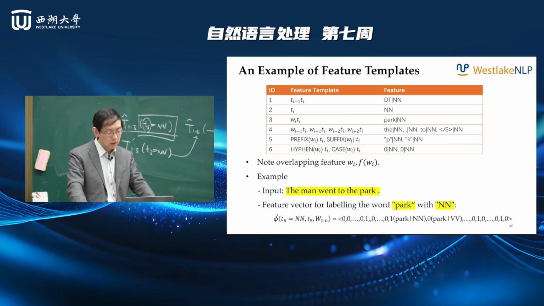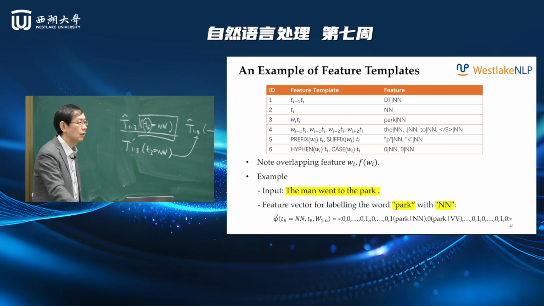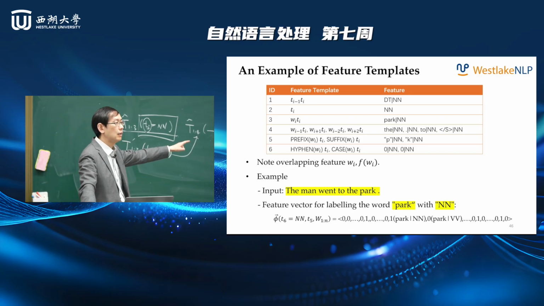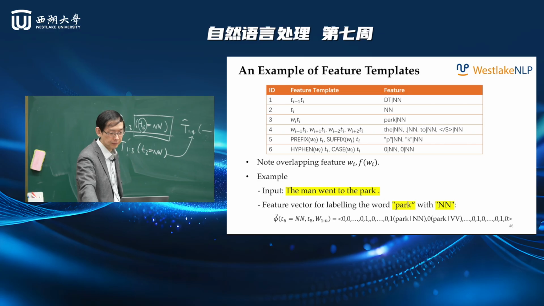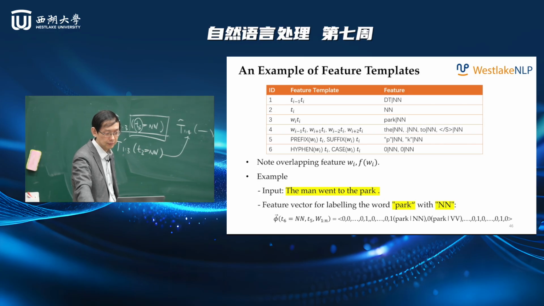But what is row 1? Row 1 corresponds to the transition probability. Row 1 is just the tag transition. And here, what kind of Markov assumption am I making? I'm making a first order Markov assumption. I'm saying that k is equal to 1.